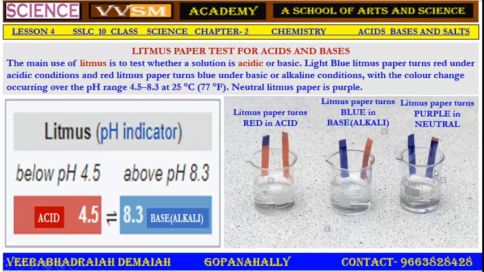And the last beaker is water, you can say. Water is neutral to litmus paper, that is, it remains purple in color. So this is a very important phenomenon in the acids, bases and salts chapter, chapter 2 in chemistry, lesson 4, SSLC 10th class.